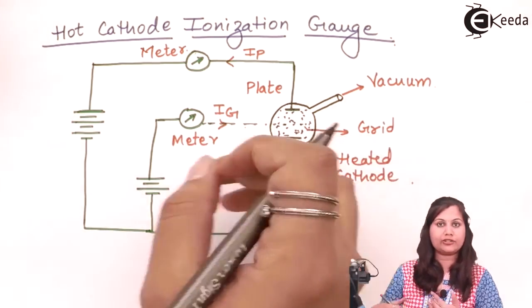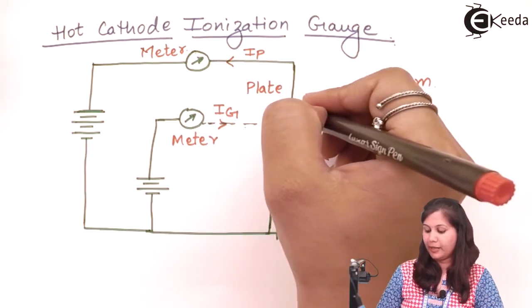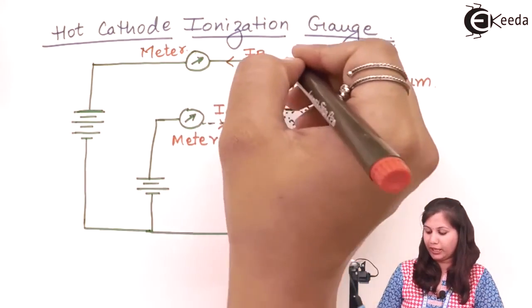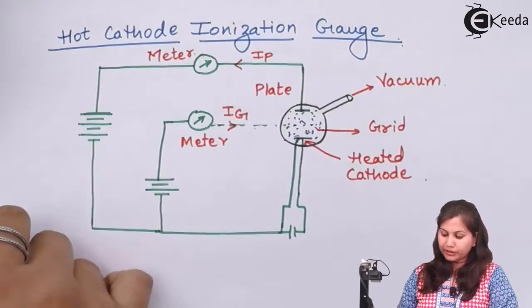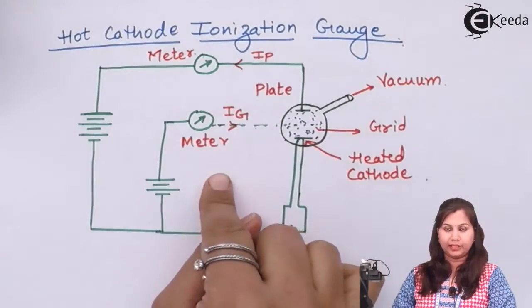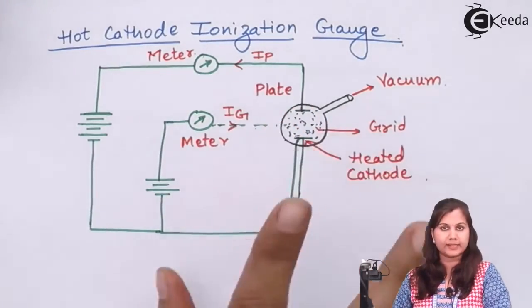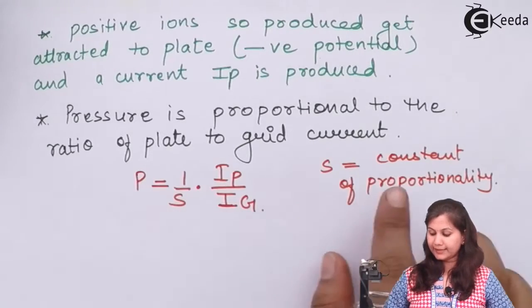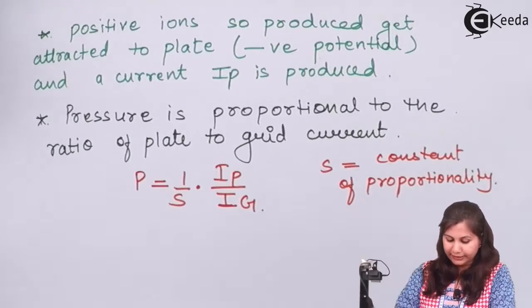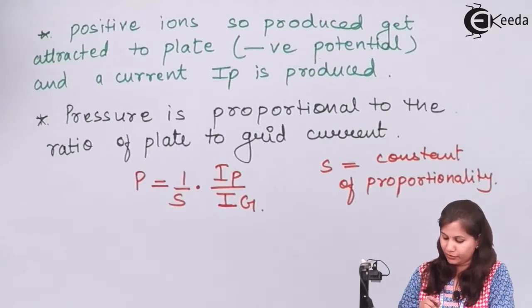Due to ionization, positive ions are generated, which are attracted by this plate, and due to that, plate current will start flowing. So by measuring the plate current and the grid current, we can find out the pressure of the gas inside this box. Now here S is the constant of proportionality, and it is called the sensitivity of the pressure gauge.